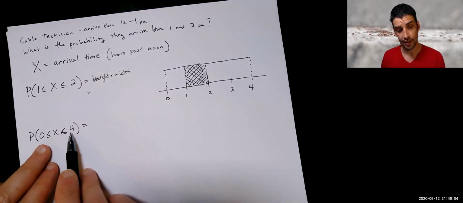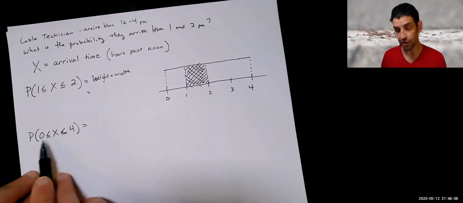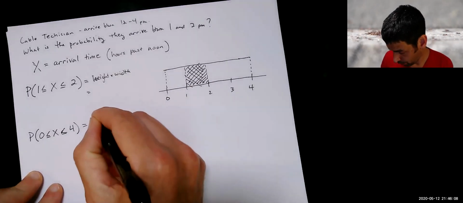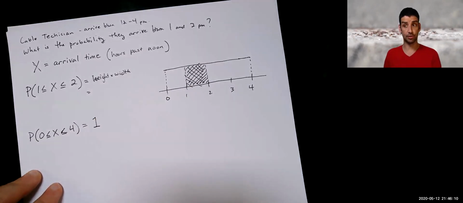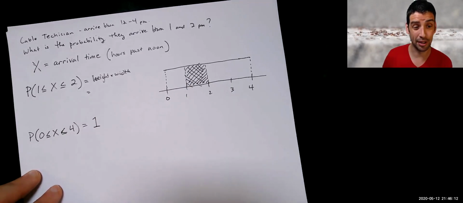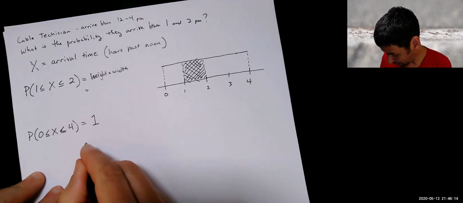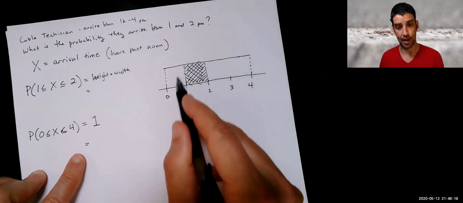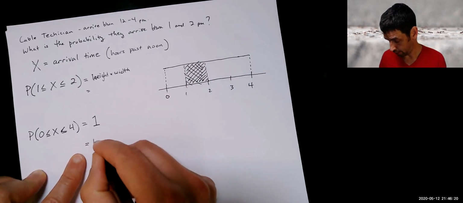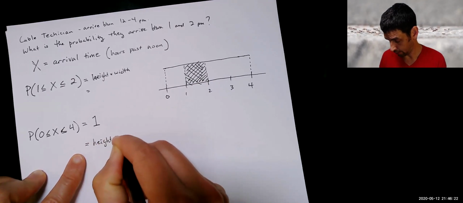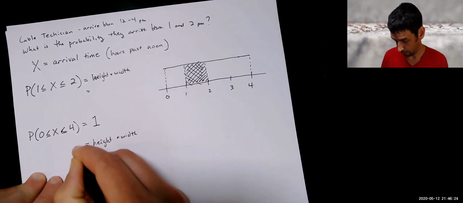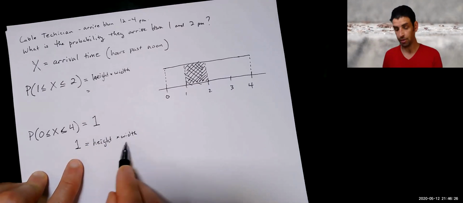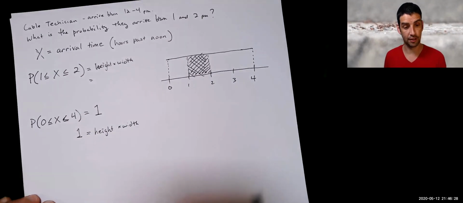That means if it's certain to happen between 0 and 4, we know the probability is equal to 1. That's the meaning of a probability of 1, right? But I also know that this is the area under this entire box, the height times the width, right? So this 1 has to be equal to the area of this entire box.